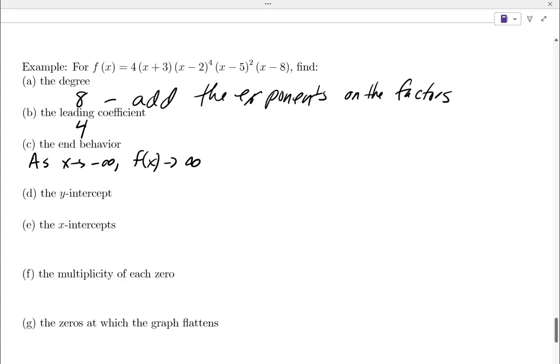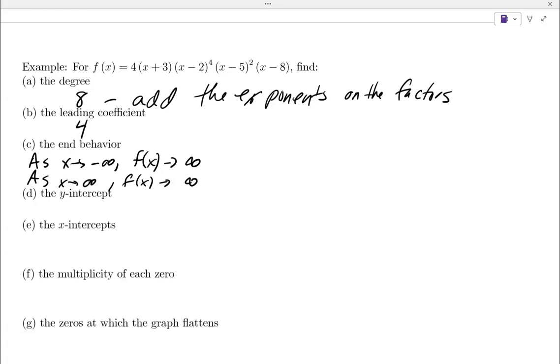As you go to the left, the function points up. As x goes to positive infinity, f of x goes to infinity again, right? As you go to the right, the function goes up. So far, so good?